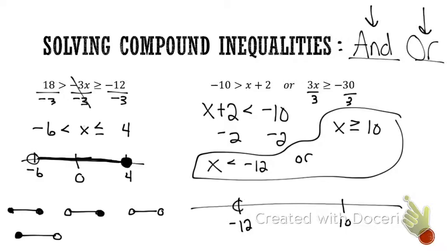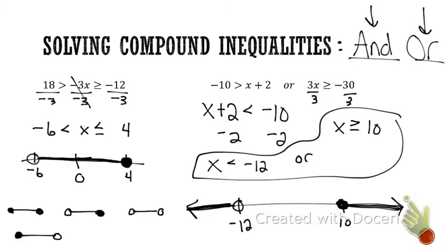And you're going to plot that on your negative 12. Remember, or statements, when they're graphed, the solutions go in opposite directions. So an open dot on negative 12 and a closed dot, because it's equal to, on positive 10, and it's greater. So my arrow is going to the right.